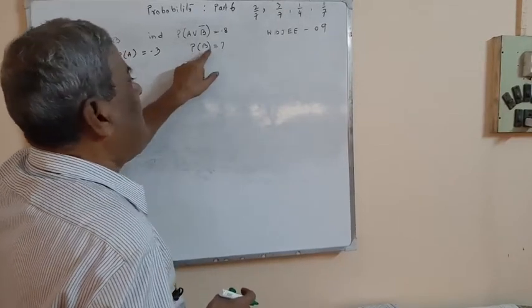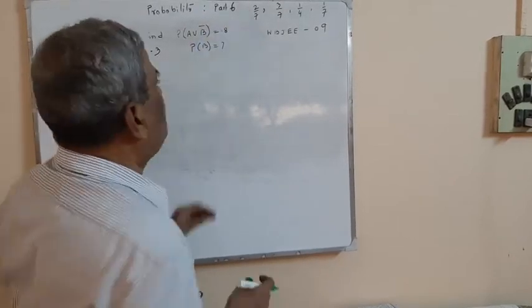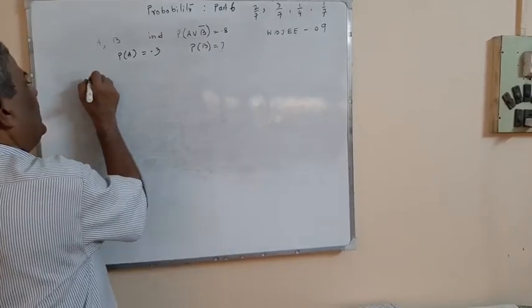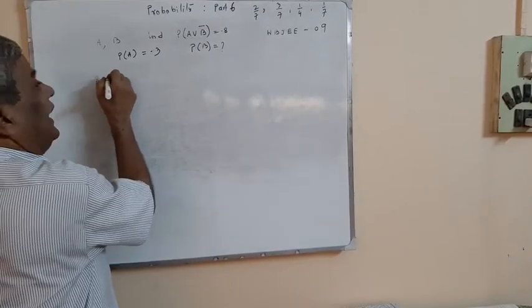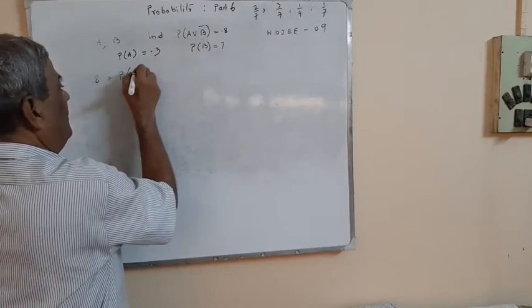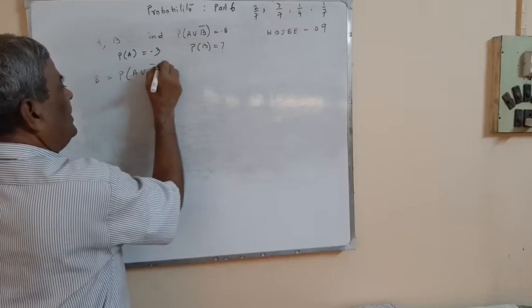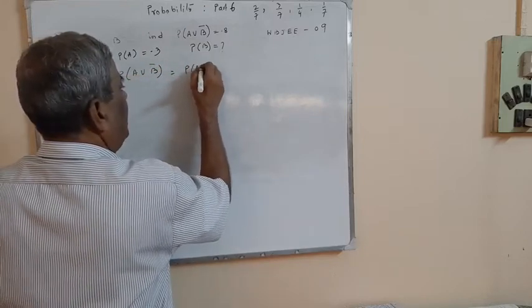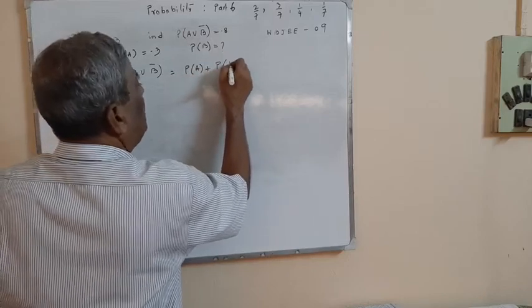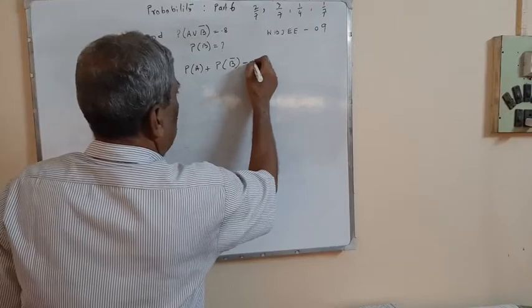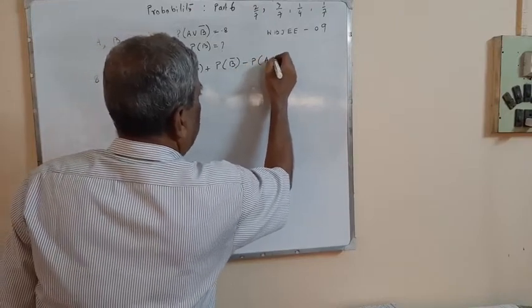To find the probability of B. So given that the probability of A union B bar is 0.8, it is simply P(A) plus probability of B bar minus probability of A intersection B bar.